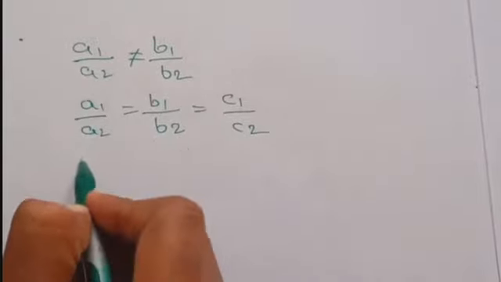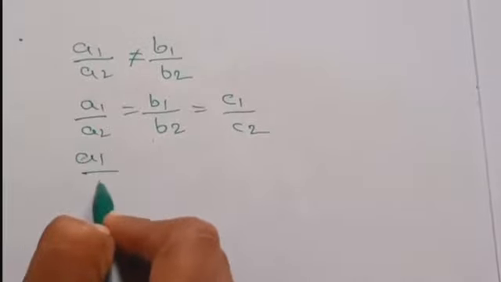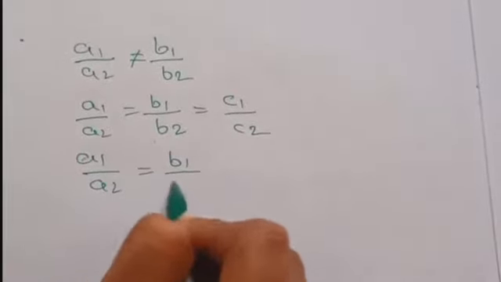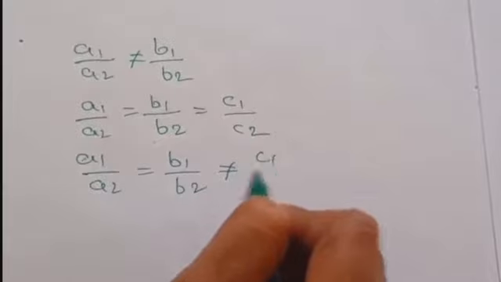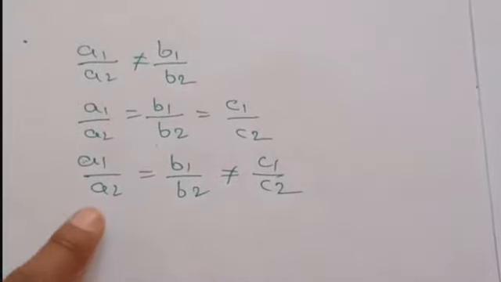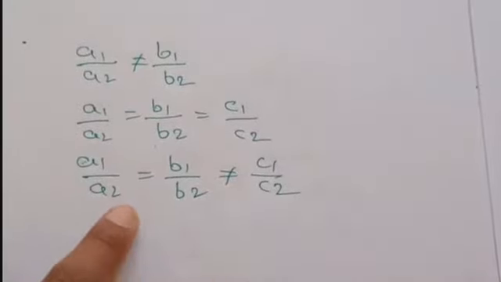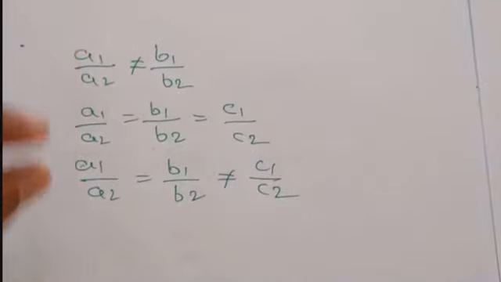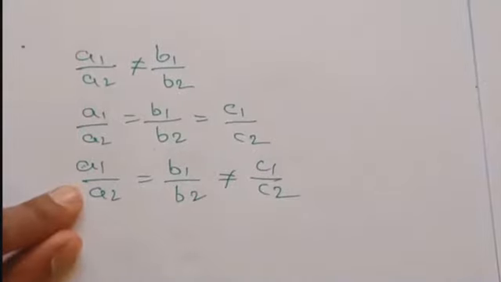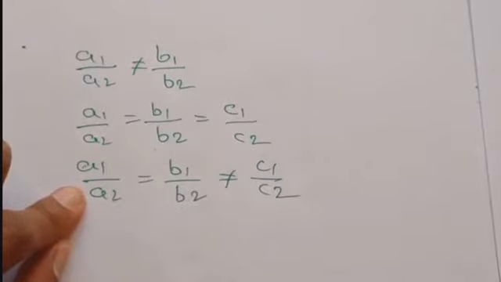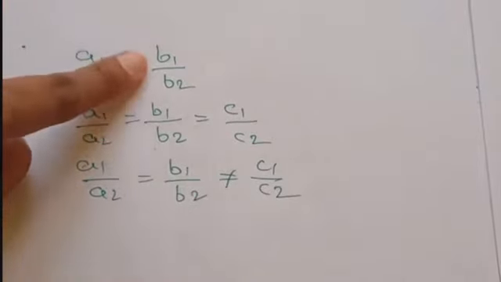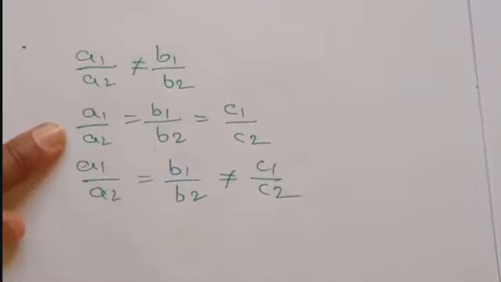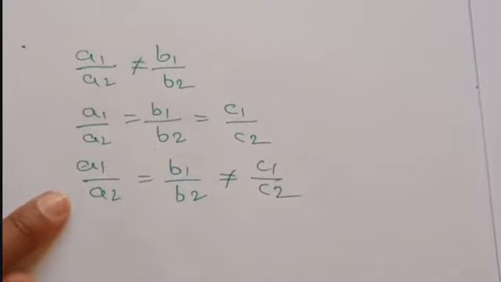So the last one, A1 by A2 is equal to B1 by B2 is not equal to C1 by C2, is called an inconsistent pair of equations. So the first two are called consistent pairs of equations and the last one is called an inconsistent pair of equations. This is intersecting lines, this is coincident lines, and this one is called parallel lines.